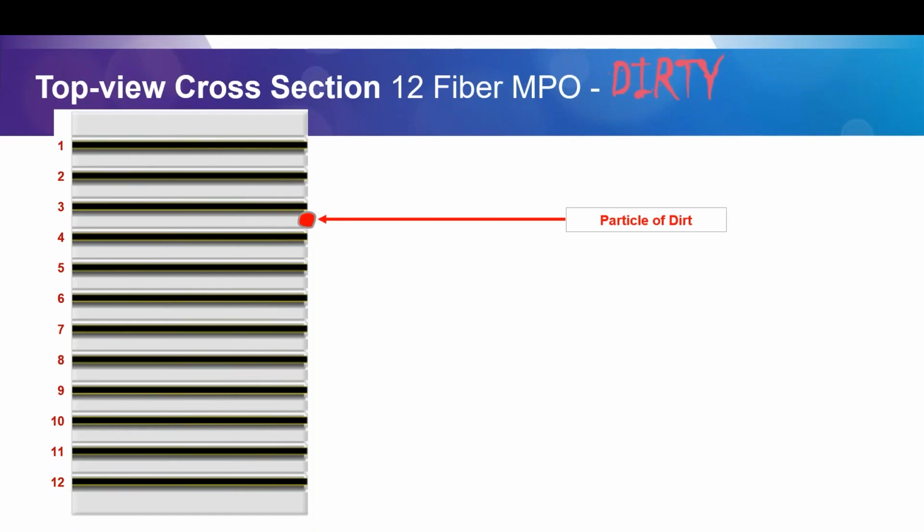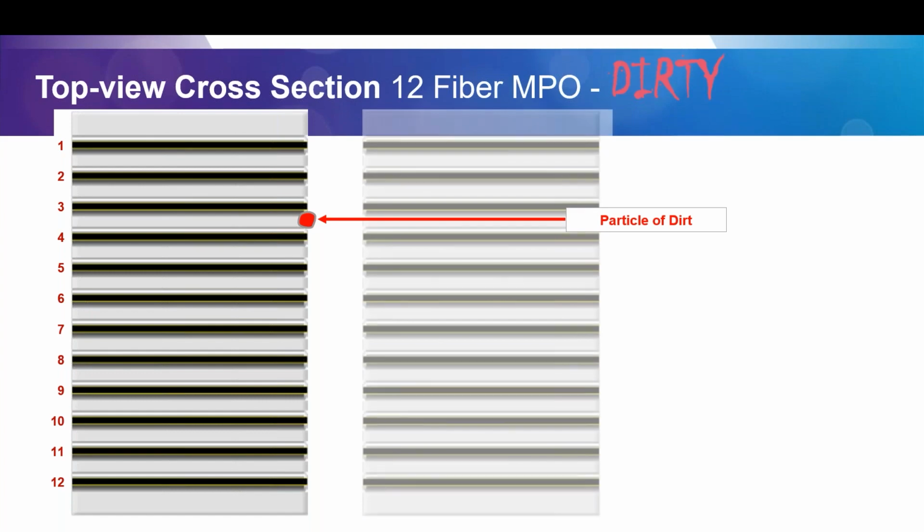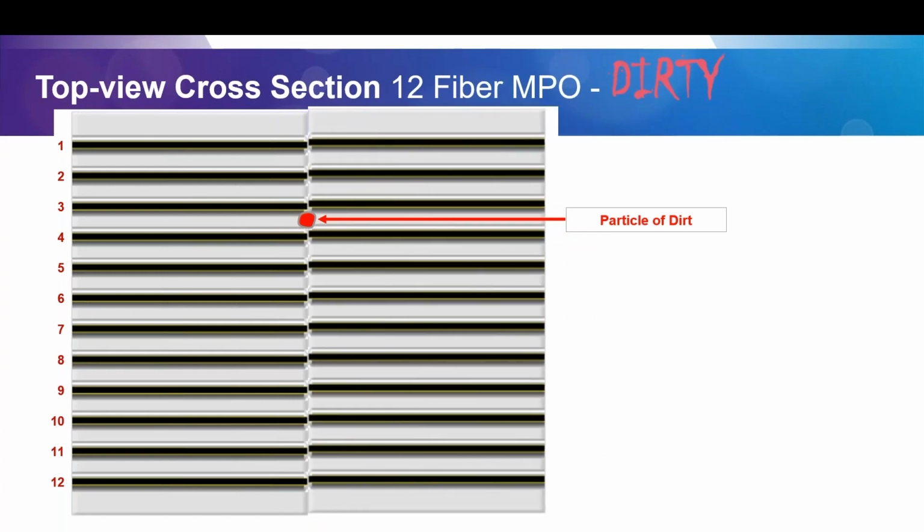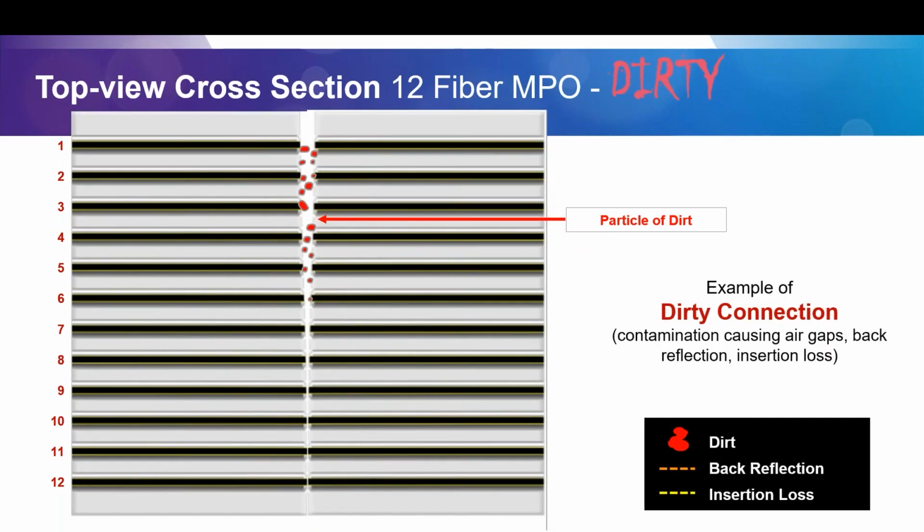This is what you might see. Here we've got an MPO connector on one side with a little particle of dirt on there. And we take another MPO on the other side, we mate them together, and now it explodes that particle of dirt. So now it's been broken up, and you'll see this top section isn't making as good of a connection as down at the bottom.